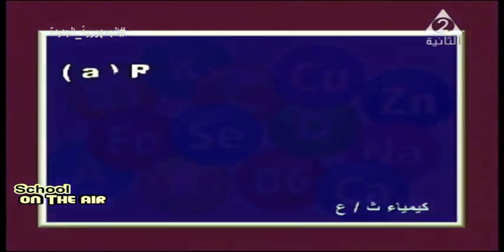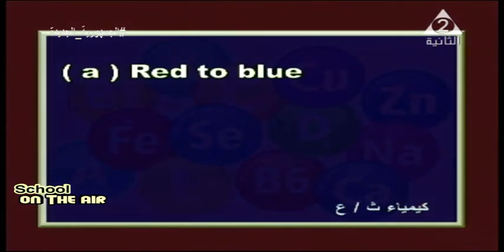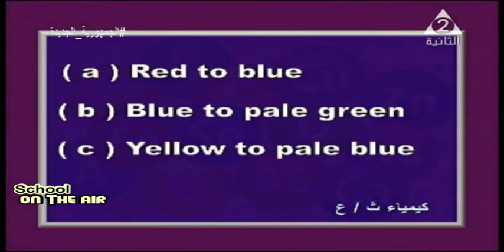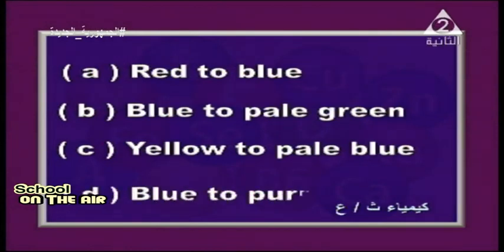Is it red to blue, blue to pale green, yellow to pale green, or blue to purple? If you think about it, it will be blue, as the bromothymol blue exists in basic medium first, so it will be blue in color, and change to neutral, pale green color.